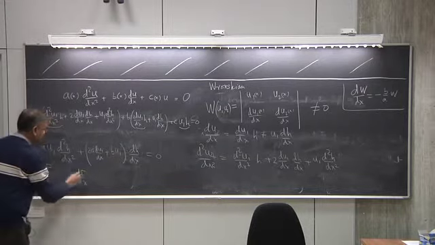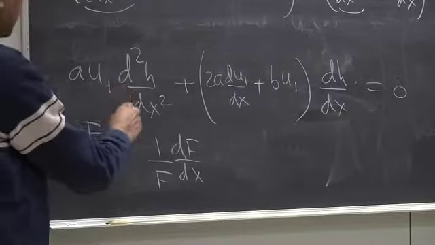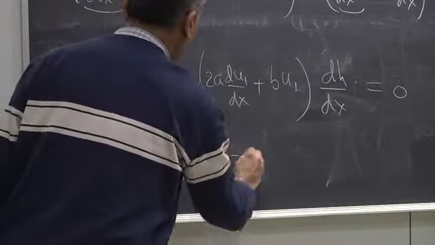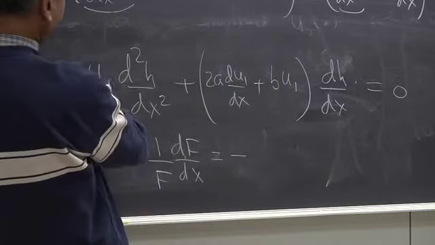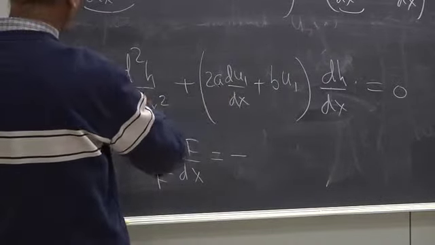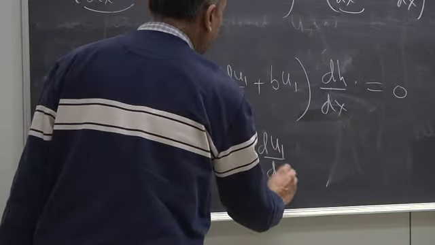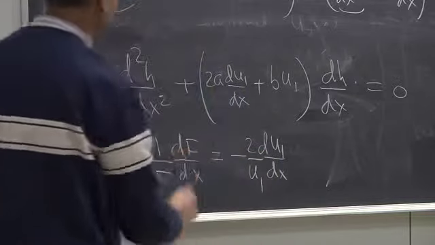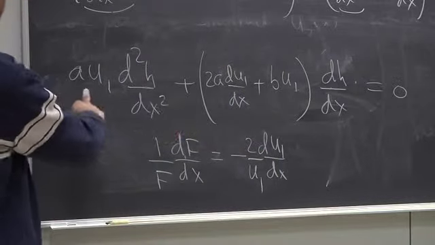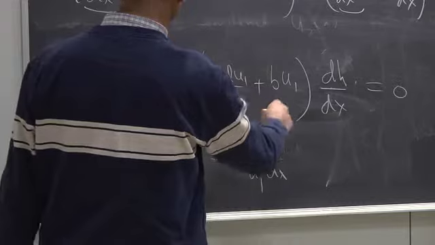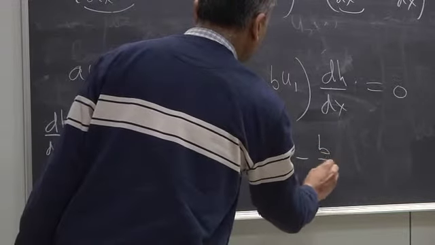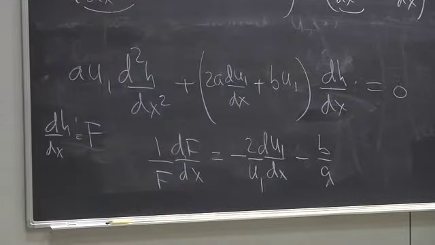So I divide by this f and take this on the other side. So you get here this is equal to minus, and divide everything by a u1. So you see a cancels. So you get here 2 du1/dx divided by u1 from the first term. And from the second term, you simply get minus b over a, because u1 cancels. Right?